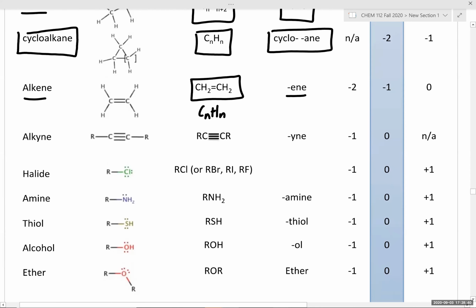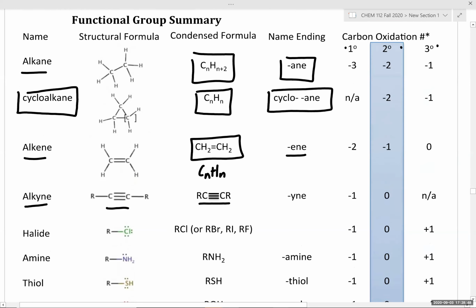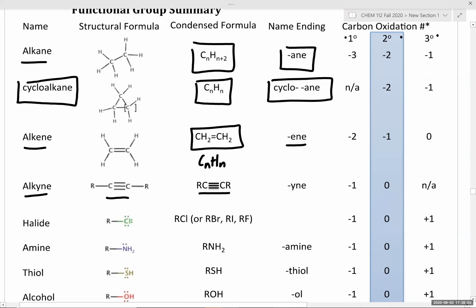Finally, alkynes, which have a carbon-carbon triple bond, we'll be able to explicitly observe as part of our condensed formula, and the name ends with -yne.